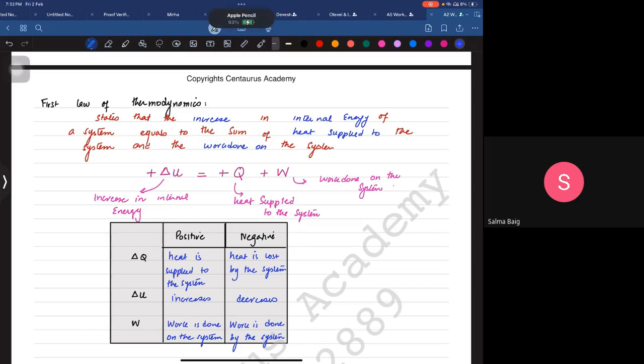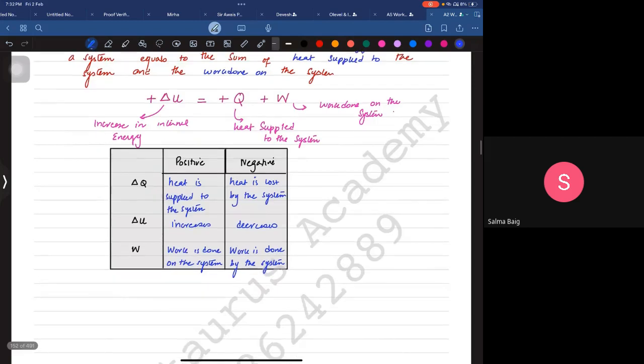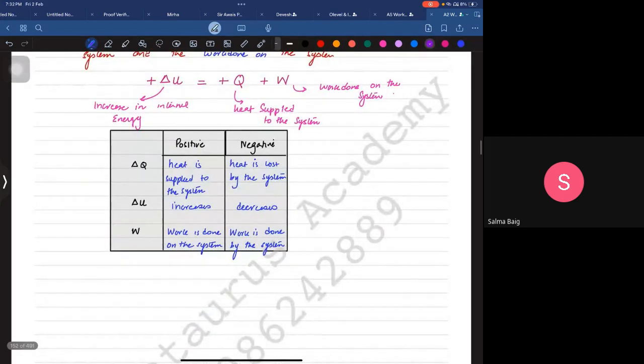All right, kids. Last thing: work is done on the system when the system is compressed. Compressed means decreases in volume. And work is done by the system when the system expands, which basically means increases in volume.